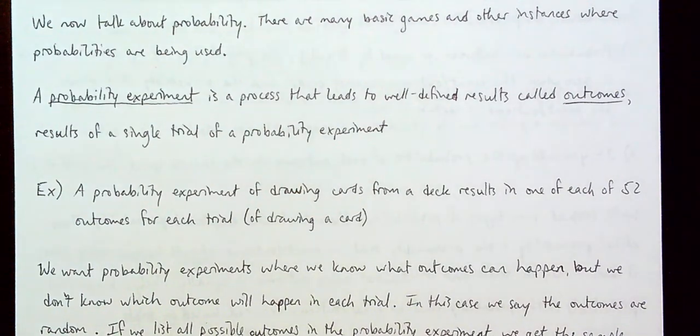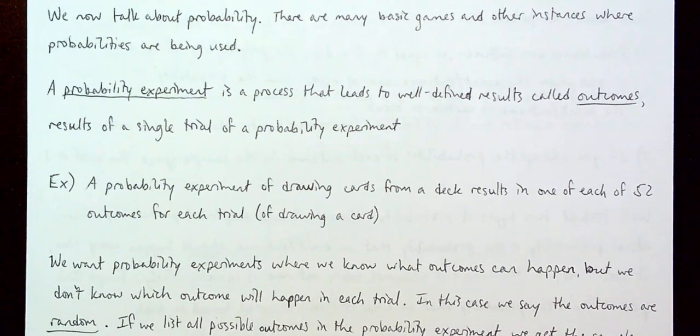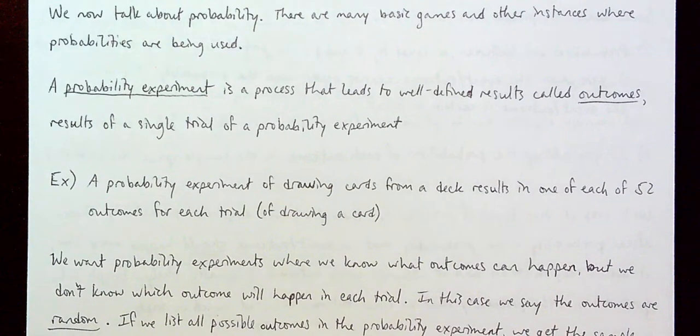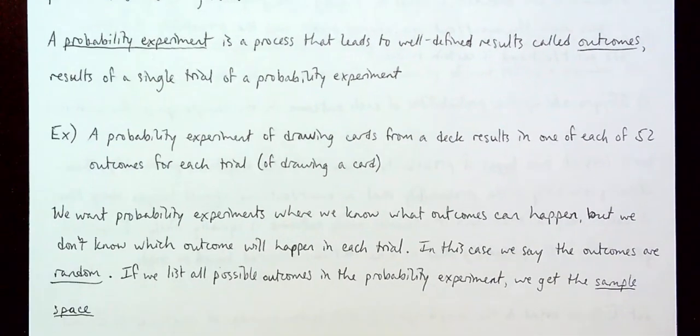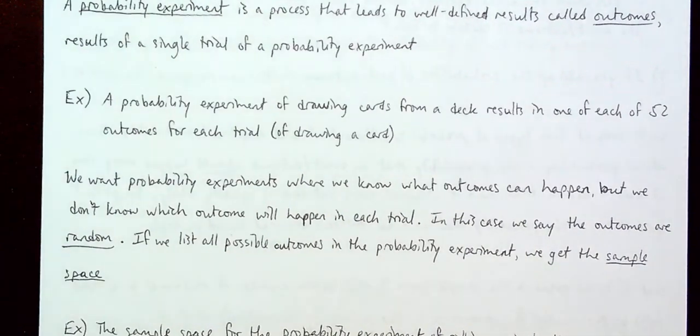What we're focusing on in this chapter is probability experiments where we know what outcomes can happen, but we don't know which outcome will happen in each trial. We want to know what the possibilities are, but we don't necessarily want to know on each trial what is going to happen next.